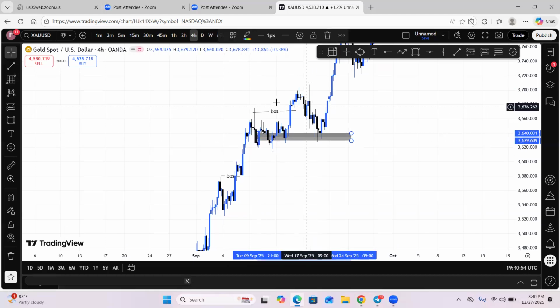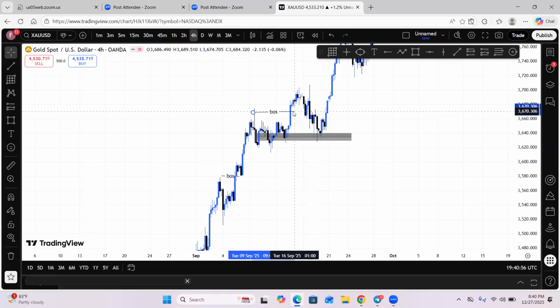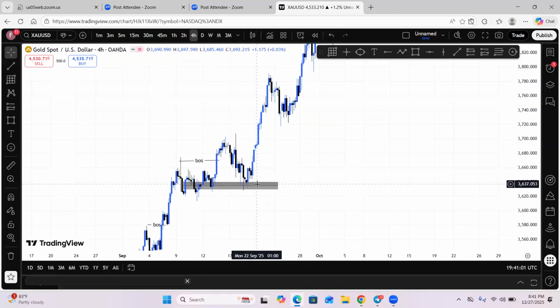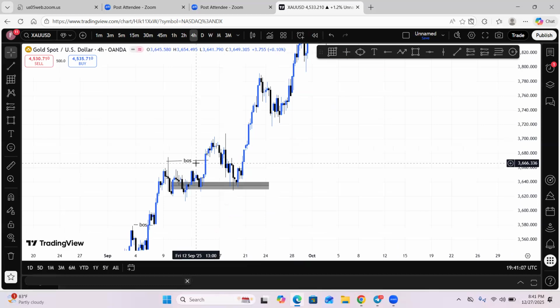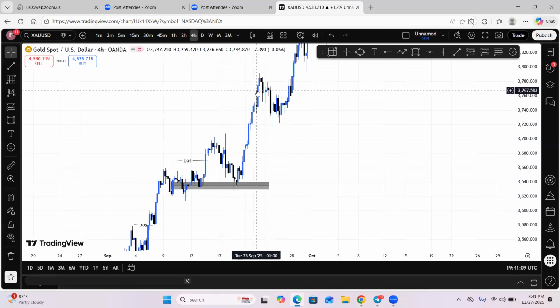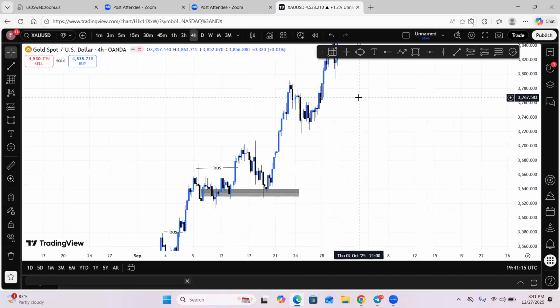This origin, after this break of structure, as you can see, price came back and tapped into it. That is how it is. Price is always supposed to come back to your origin. Price came back to this origin and continued buying, creating for us another break of structure to the upside.